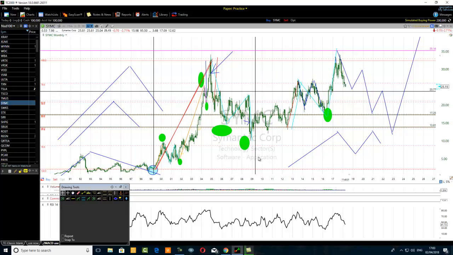Now, sometimes you may see that a bigger view, I'm on a monthly chart like this, a bigger view that you are seeing, which is a pattern on its own, may duplicate itself on other time frames.